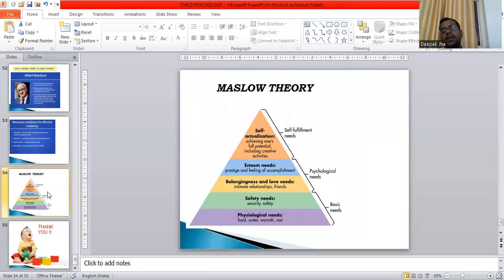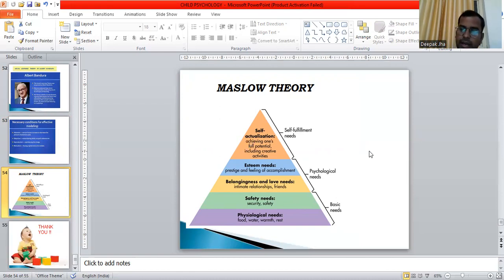Coming on to another theory, this is the theory of Abraham Maslow, and it is called the hierarchy of needs. Maslow basically believed that thinking or behavior depends upon the needs of an individual, and the needs are classified. There are basic needs of an individual, psychological needs of an individual, and self fulfillment or self actualization needs of an individual.